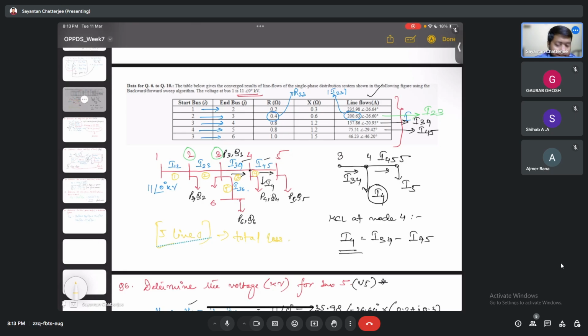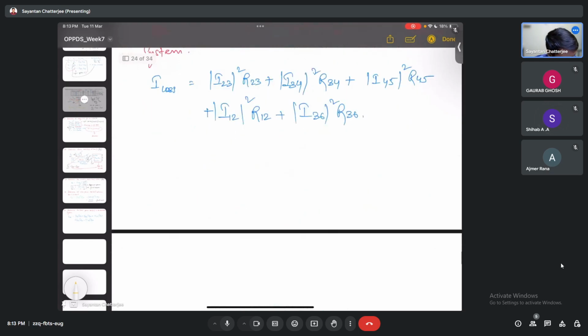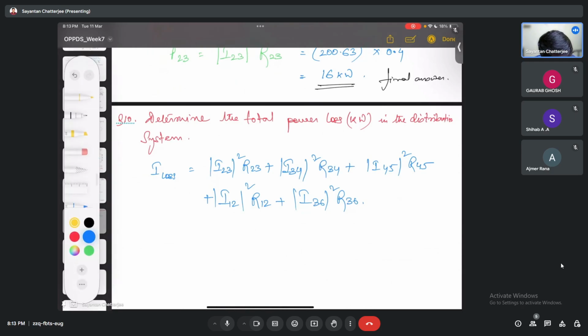Is it fine? Yes, sir. And all these values we have directly in the table, right? All the current values are there and all the resistances.